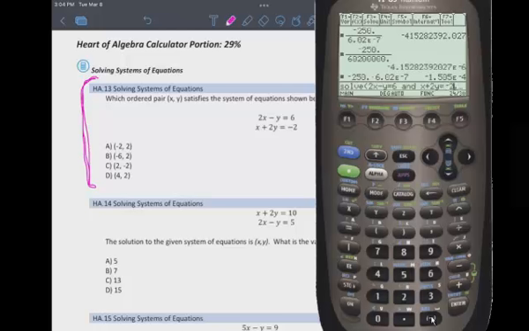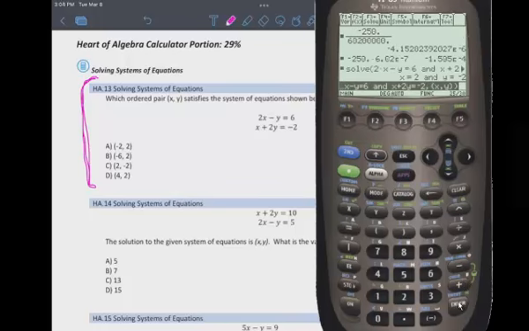Make sure you use the change of sign key for the -2 and not the subtraction key. If you use that template, everything else is already set in the correct order. So just hit enter and it'll give you your solution. You see that your answer here is going to be 2, -2, which gives us answer choice C.